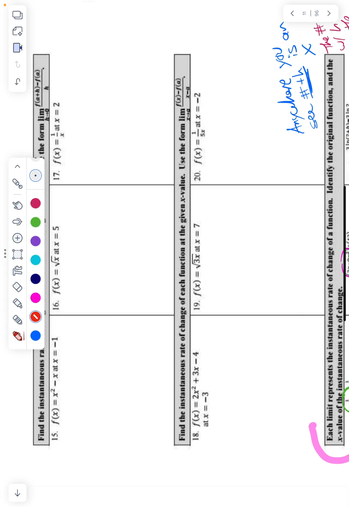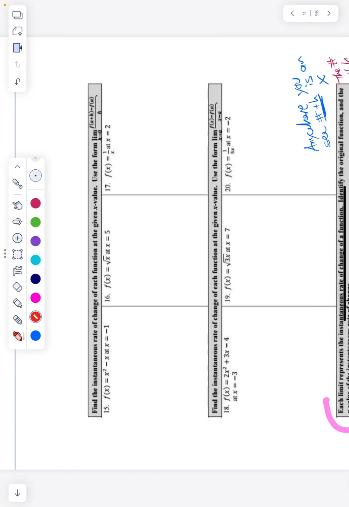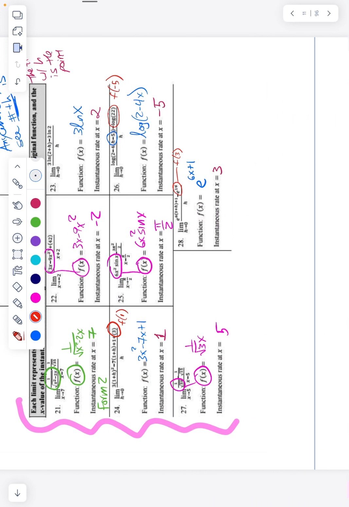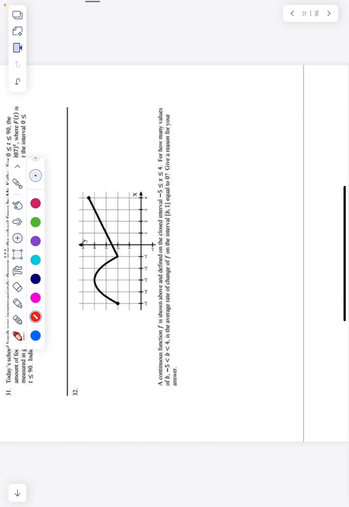So tonight, I want you to do, huh? What'd you say? I said we steal the moon. Nice. Tonight we steal the moon. Let's do 16. So do 16, and then let's see what the test prep has to offer.